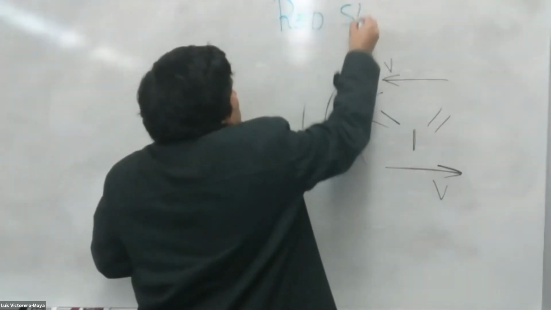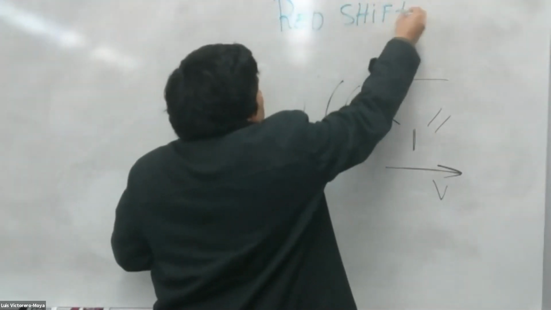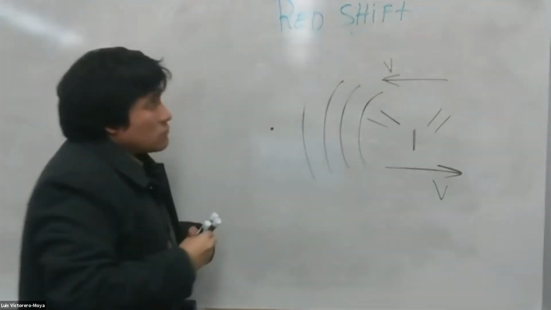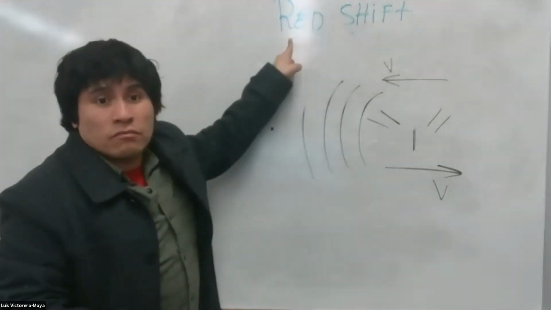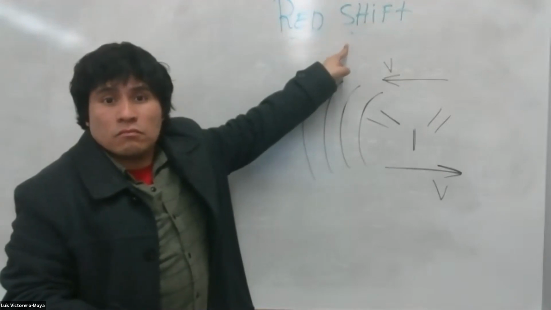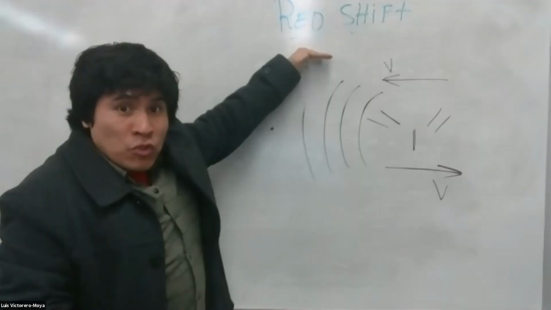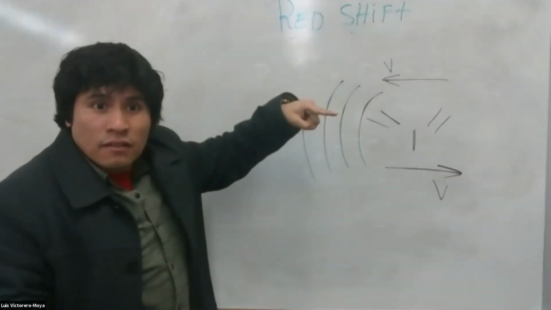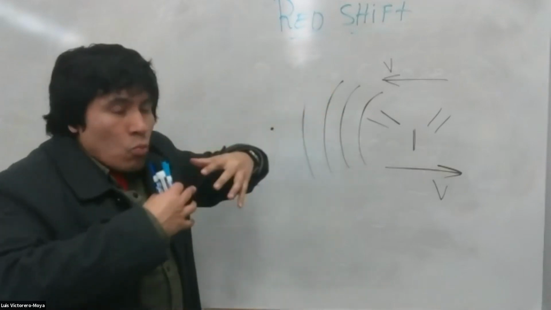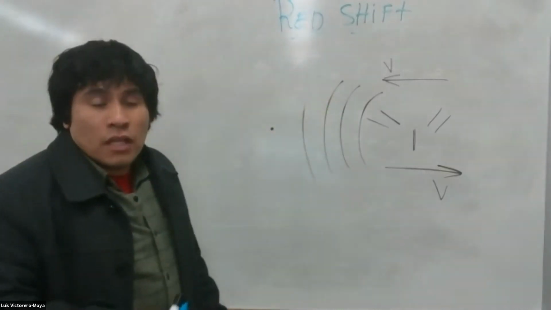How many of you have heard of this red shift? Red shift is what we use in astrophysics to measure the speed of galaxies and stars moving away from us.